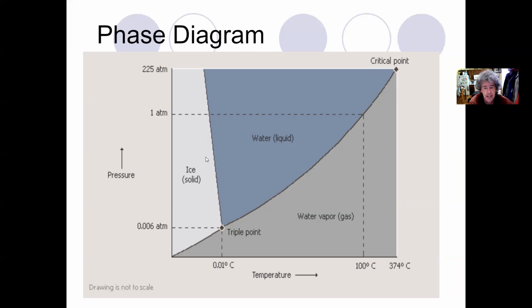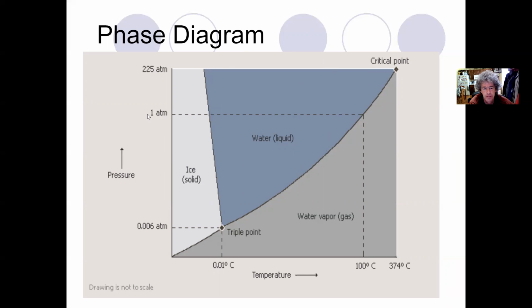If you increase the temperature, eventually you pass the melting point or freezing point and the substance becomes liquid, such as water. If you continue to increase the temperature, at some point it will pass into the gaseous phase.